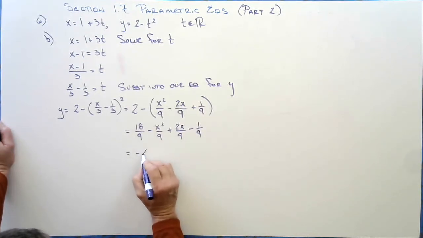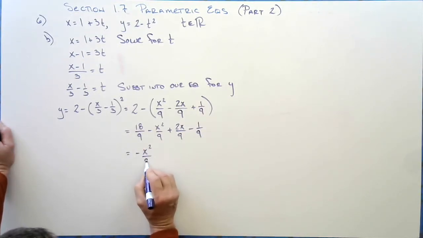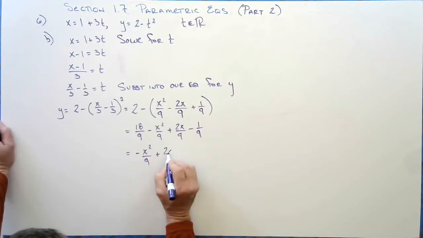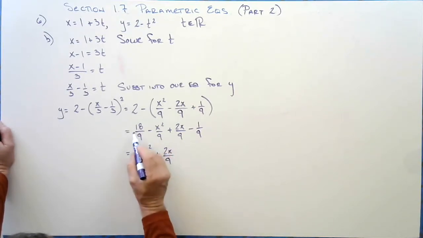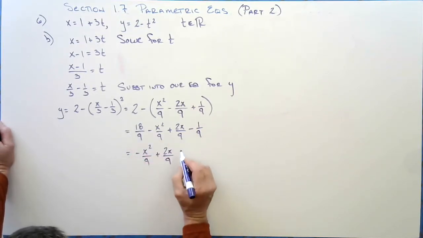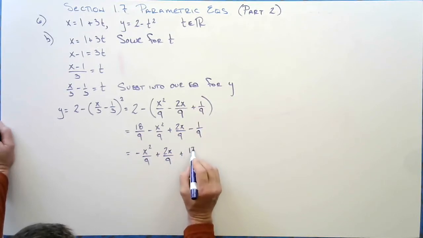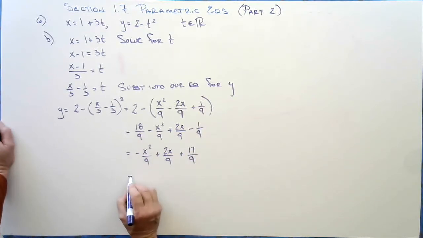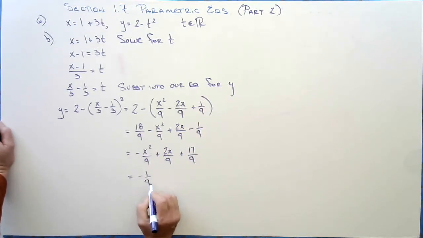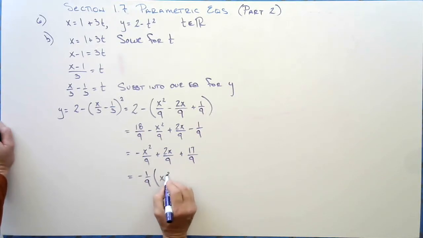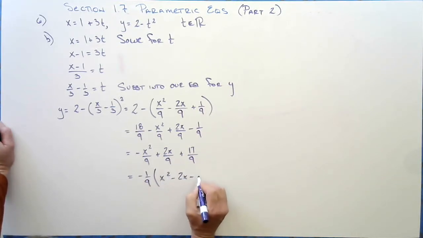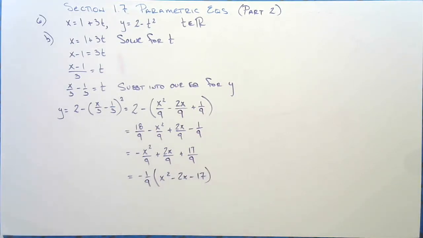We end up with negative x squared over 9 plus 2x over 9. And then here we have 18 over 9, take away 1. That's going to be plus 17 over 9. We could factor out a -1/9, and we get here x squared minus 2x minus 17. And we have eliminated our parameter t. All right. On to the next problem.